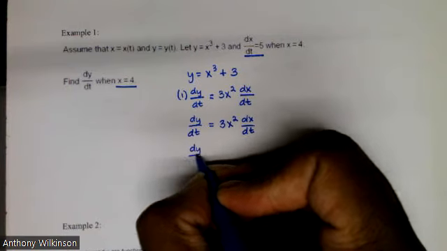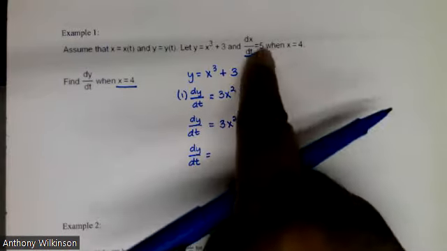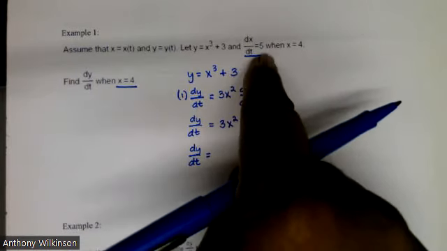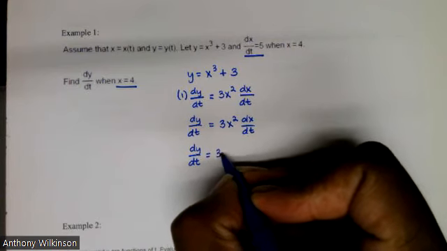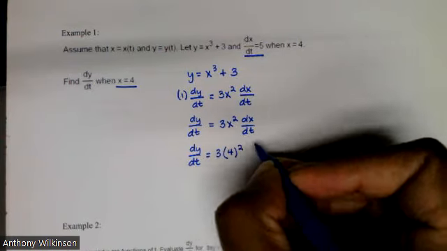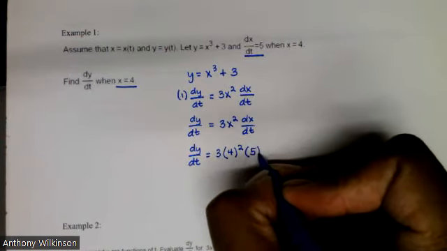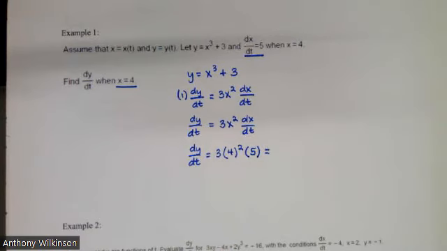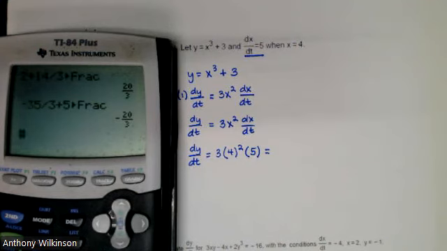Now I can find out what dy dt is when x is equal to 4, and we're also given that dx dt is equal to 5. So we just substitute. It'll be 3 times 4 squared times 5.